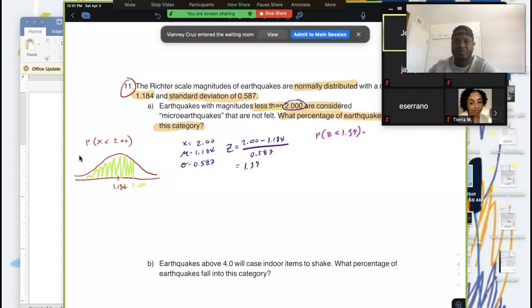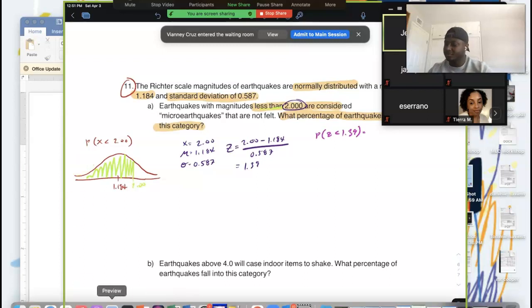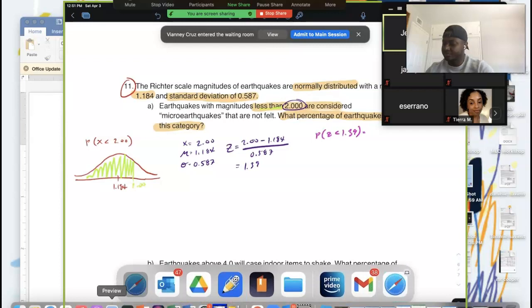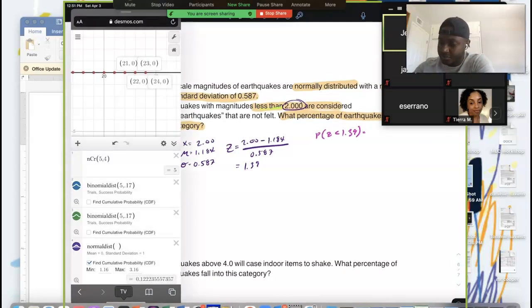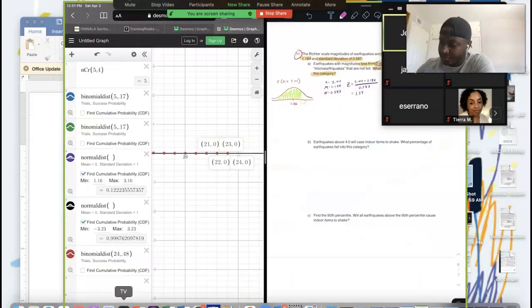Alright, so we would look that up in the chart or go to Desmos.